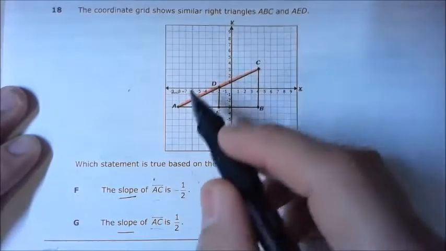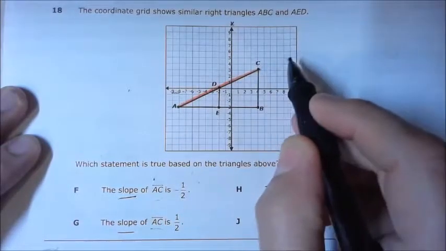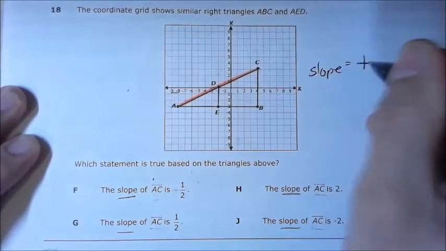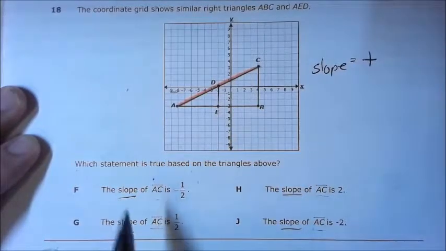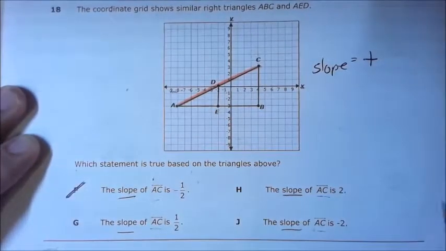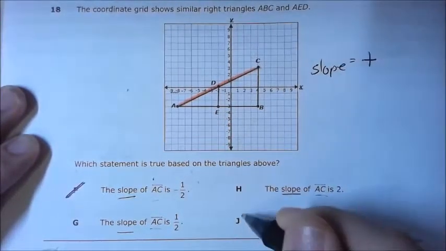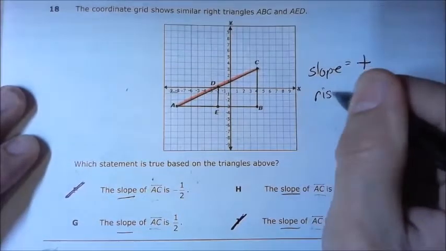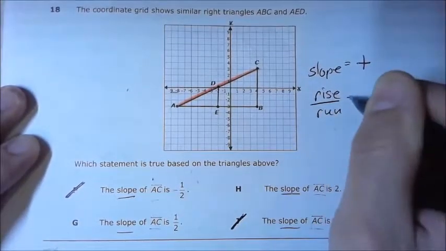This one is obviously going uphill from left to right, so the slope is positive. So we can eliminate any one of these answers that doesn't have a positive slope. So for instance, F says negative 1/2, so we can eliminate F. And J says negative 2, so we can eliminate J. Now we got a 50-50 shot of getting it right. It's either G or H. So at this point, we need to go ahead and determine what the slope is. So what we're going to do is we're actually going to count our rise over run.